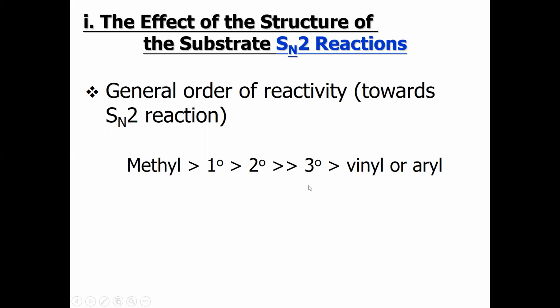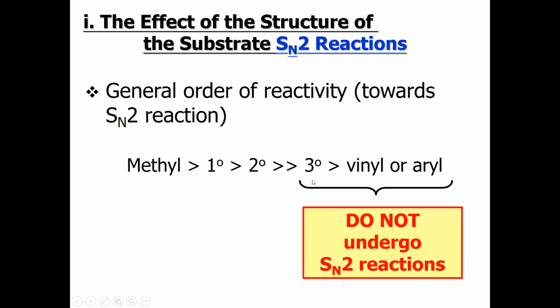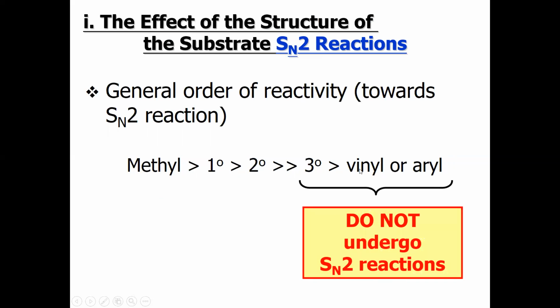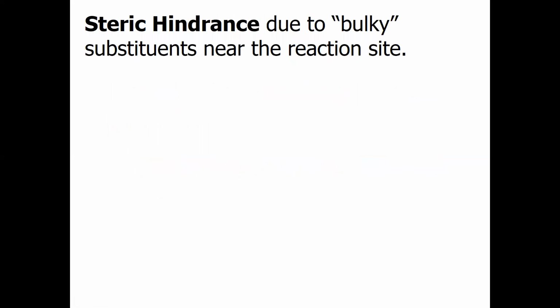Or we can say SN2 reactions do not undergo in 3 degree, vinyl or aryl alkyl halides, because there are some factors that make SN2 reactions not possible there. I will show you by means of an example.